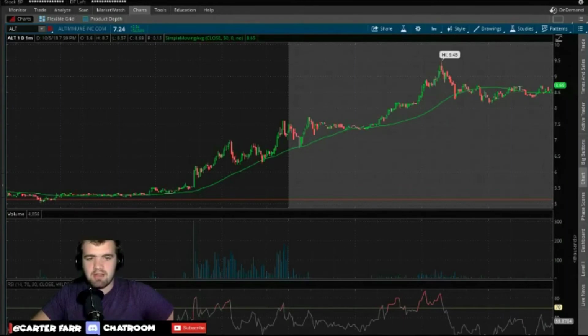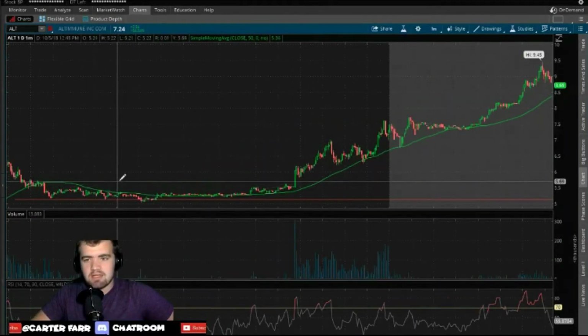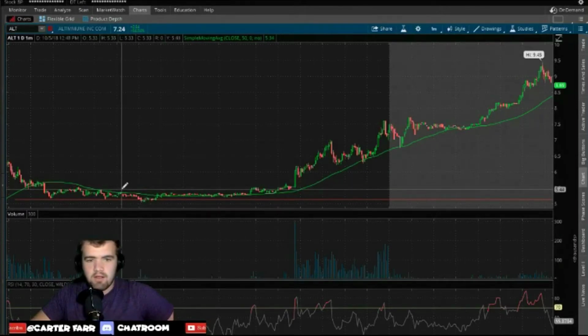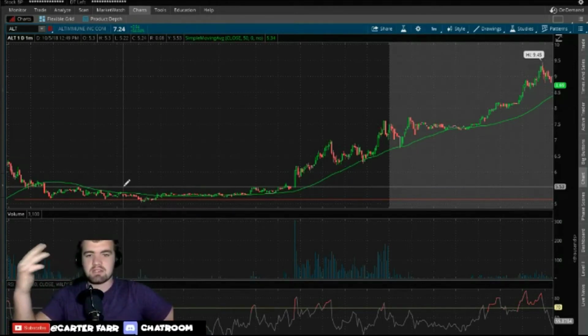I would have my moving average lines up. So I would say, okay, let's see if a break over 5.50 would be a good entry. So right around here would be a solid entry, just because it's a $0.50, which is good because those always act as a support or resistance point.